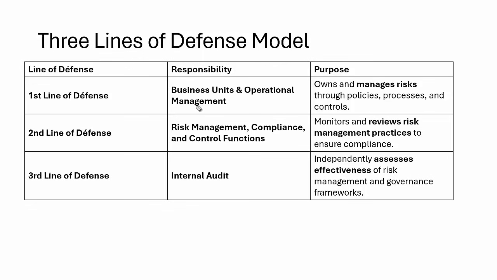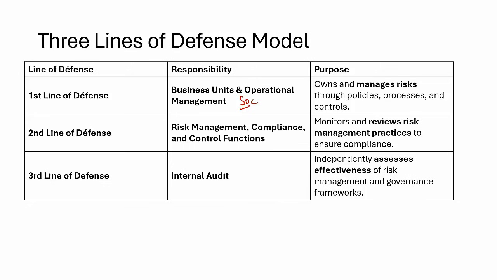They are called the first line of defense. They implement the controls, they handle operational risk, they perform day-to-day operations for risk mitigation and all that. In layman's terms, a SOC analyst is part of the first line of defense. They detect phishing attacks in the security logs, block the malicious emails and all that.